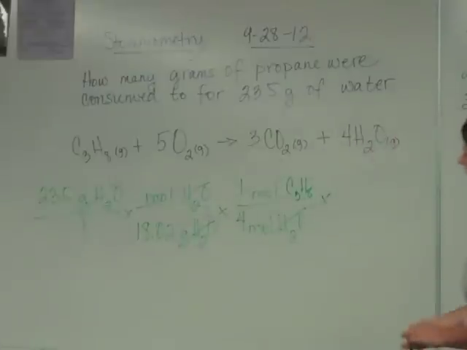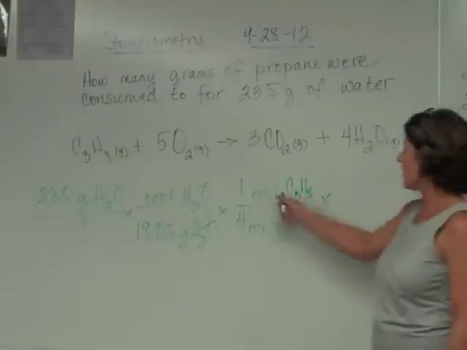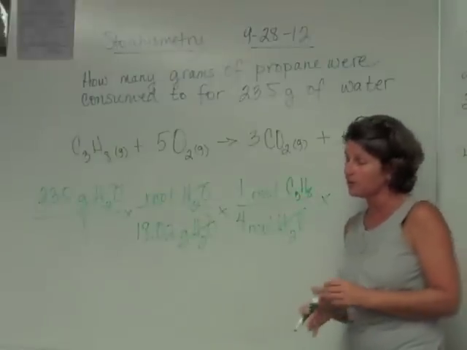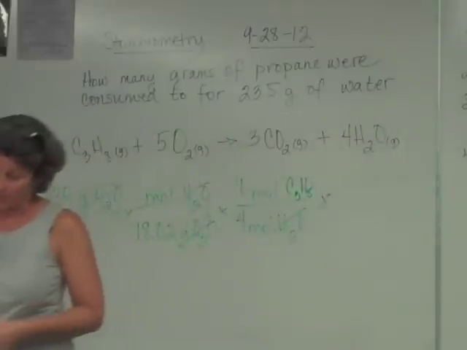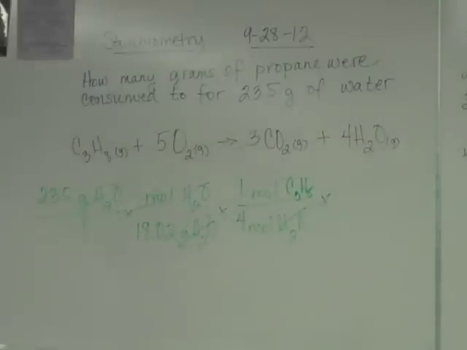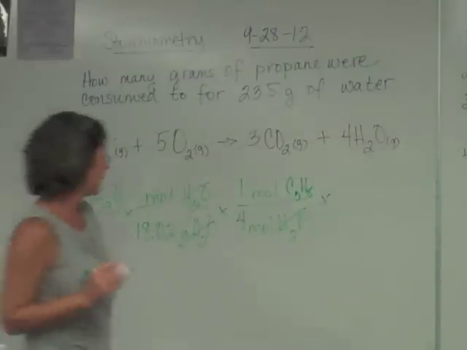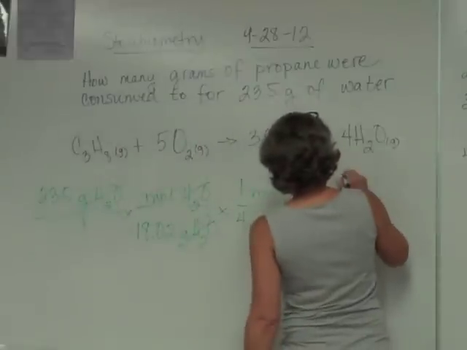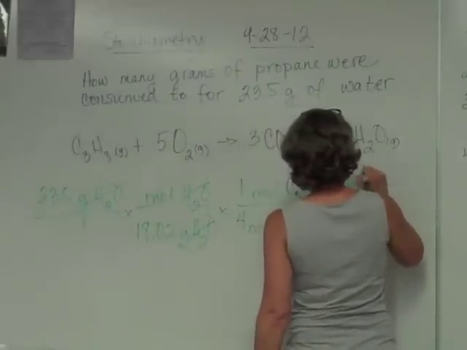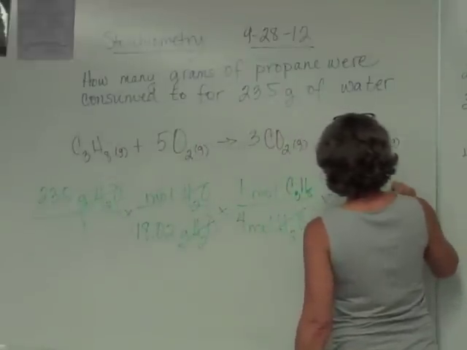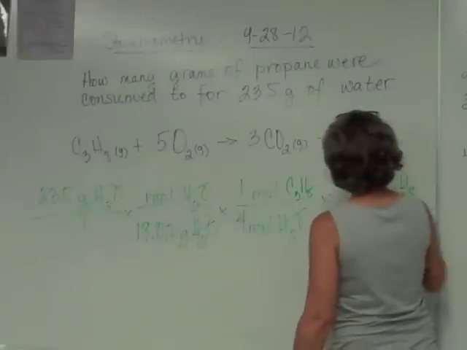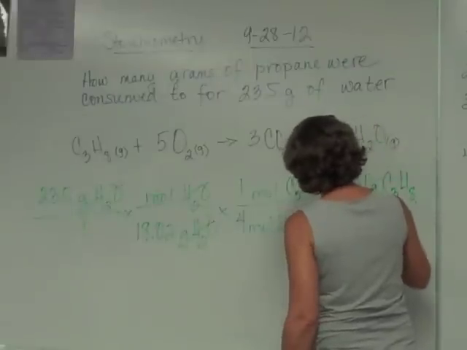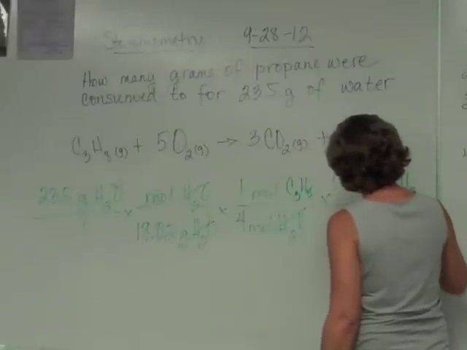And last but not least, I need to change my unknown from moles to grams. So I'm going to use the molar mass of propane to do that. Fortunately, I have that written on my notes right here. That's going to be 44.1 grams of propane per mole of propane.